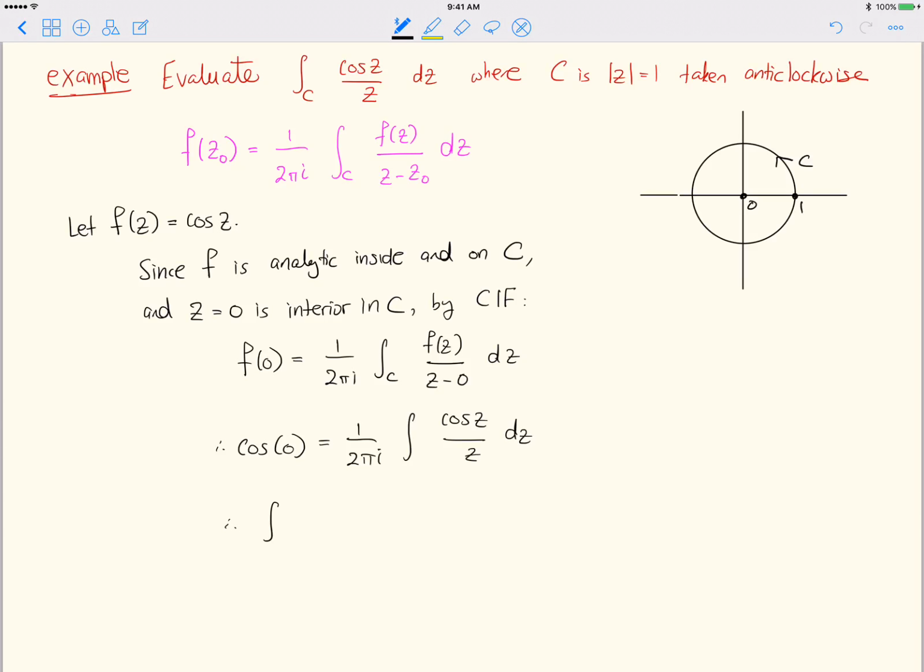Therefore, the integral they've given us is just 2 pi i times cos of 0. Cos of 0 is of course 1, so you get an answer of 2 pi i. And that's how you do that example.